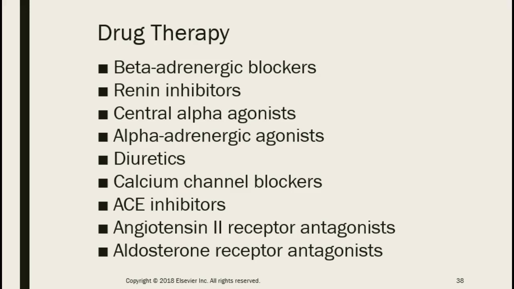Examples of these are Cozaar, which is losartan, olmesartan, which is Benicar, telmisartan, which is Micardis, and valsartan, which is Diovan. Your aldosterone receptor antagonist, spironolactone, is a non-specific aldosterone antagonist, and eplerenone is selective to the aldosterone receptor. So just a little bit of tidbits of information for you there.